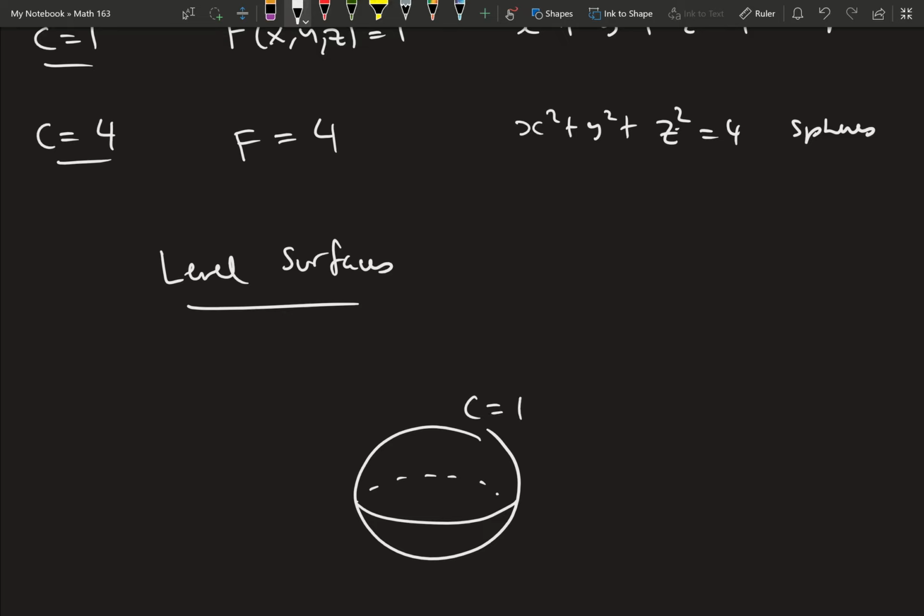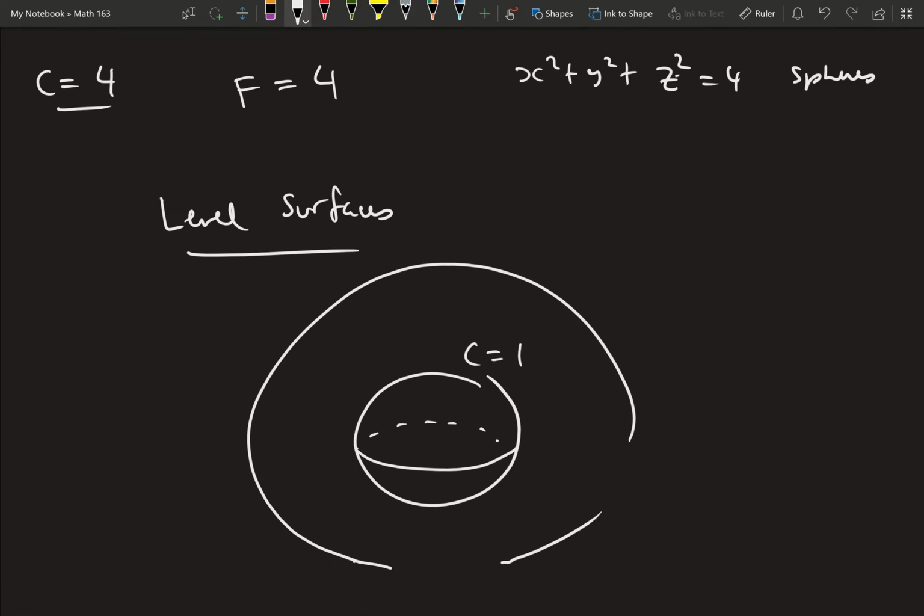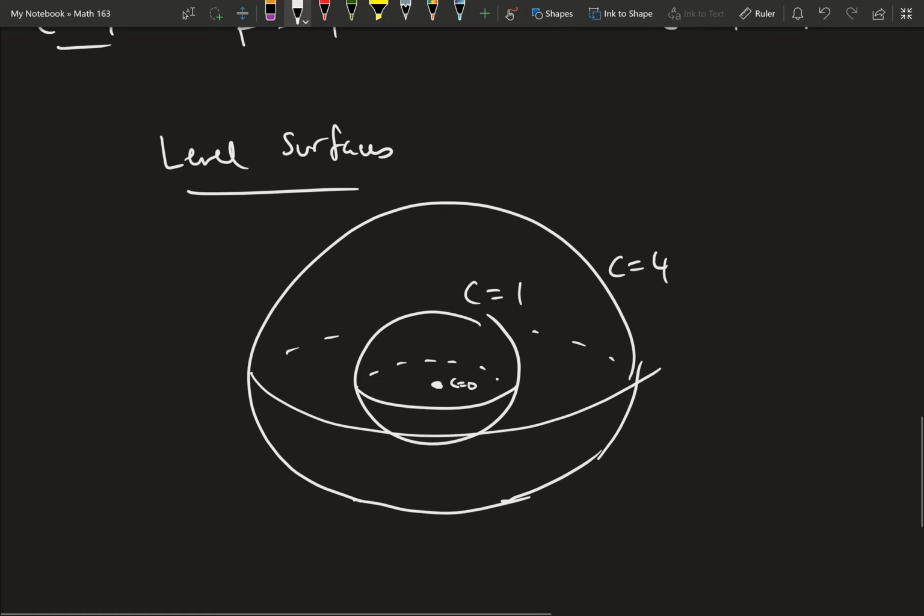And then if you grow a little more, you'll have another one here with slightly larger radius. This would be c equals 4. Of course, at the center, there'll be a dot, which is c equals 0, where x and y and z are all 0. So the level surfaces, when raised, quote unquote, to the 4th dimension, will form the graph.